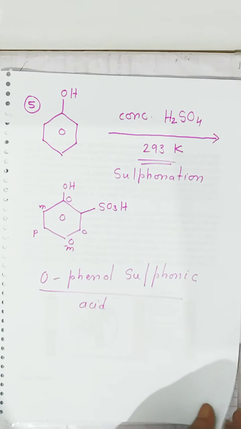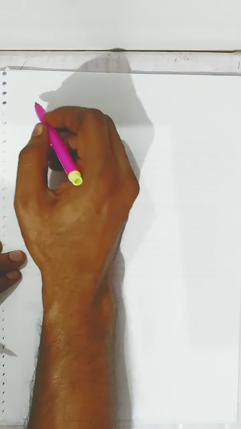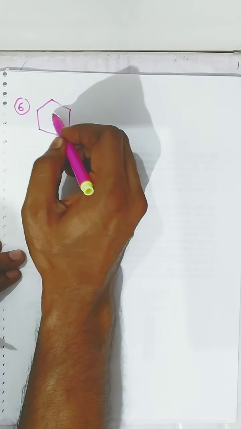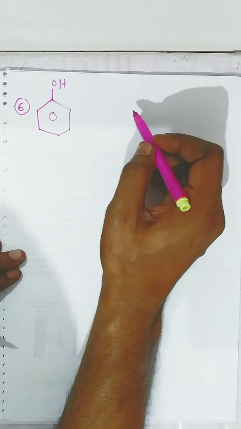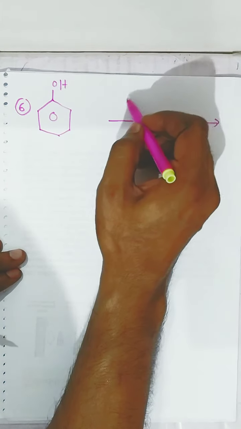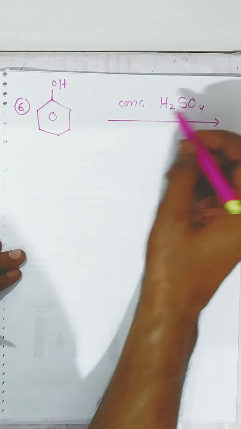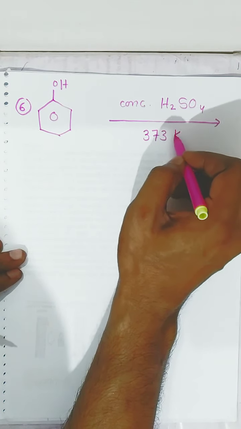Now, students, the sixth reaction of phenol is also there. Again we are going to do the sulfonation reaction. This is the phenol, students. Now what happens, students? You are adding again concentrated sulfuric acid, but at 373 Kelvin, a high temperature.